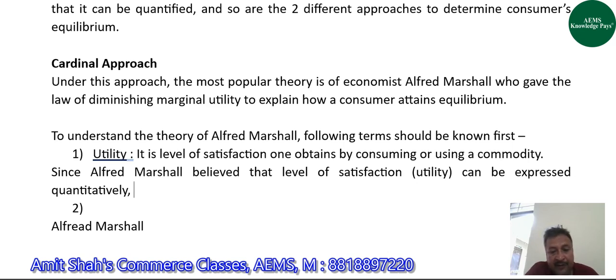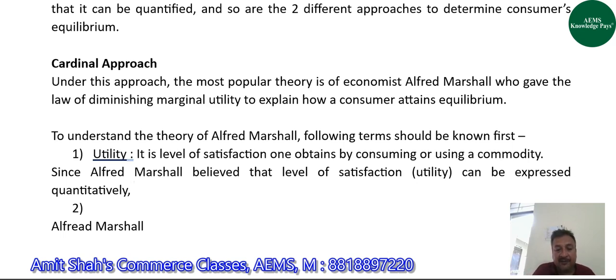If I have to measure weight or mass of something, then I must have some unit of measurement, which may be pounds, kilograms, quintals, or tons. Am I clear? So to quantify level of satisfaction or utility, he gave one unit of measurement and that is called utiles, which he derived from the term utility only.